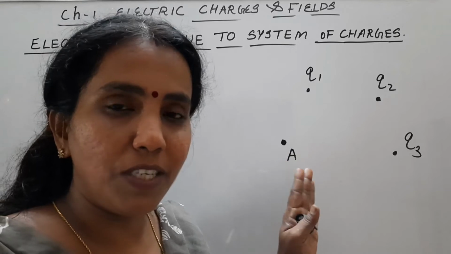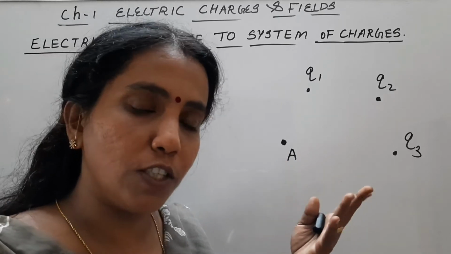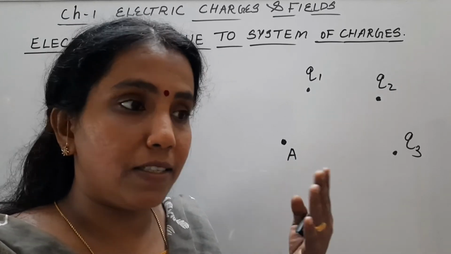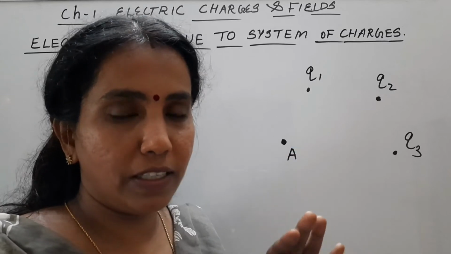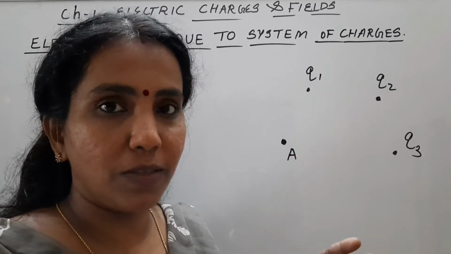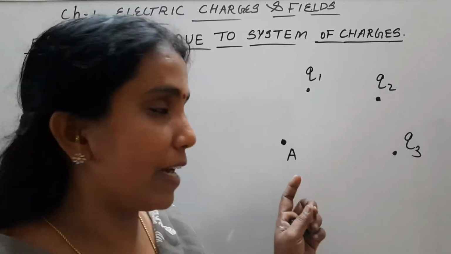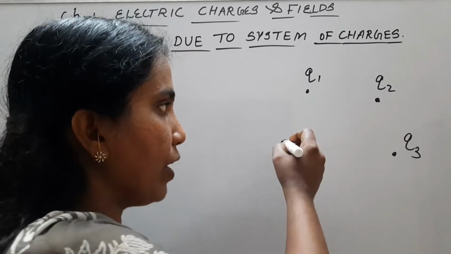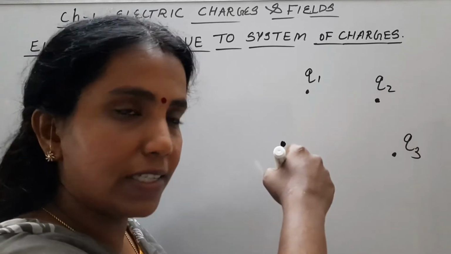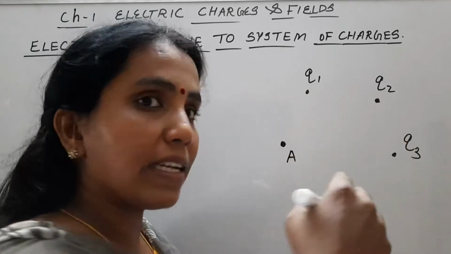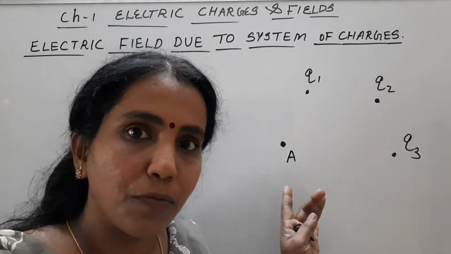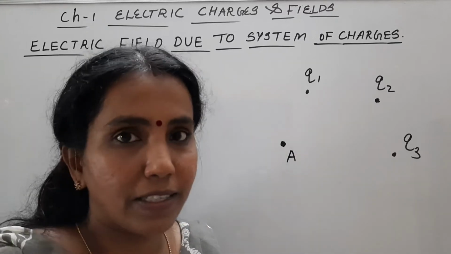This concept is similar to what we discussed in Coulomb force, the superposition principle. The same superposition principle we can use here also. That means the field at a point A due to a system of charges is equal to the vector sum of electric field due to individual charges.